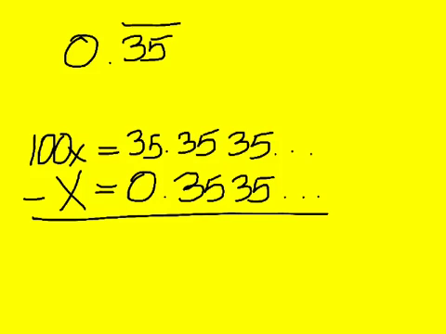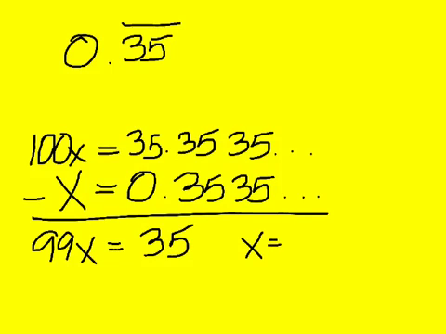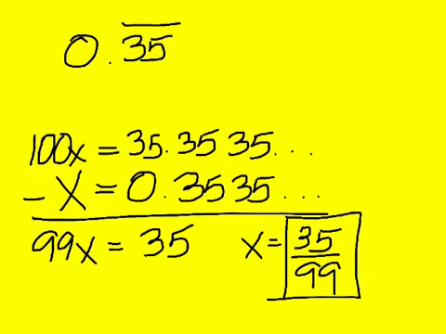If I subtract, I'm left with what on the left? 99x, and what about the right? 35. So x would equal 35/99. If it can reduce, then reduce it. If it can't, then don't. This is as far as that one will go, so it's 35/99.